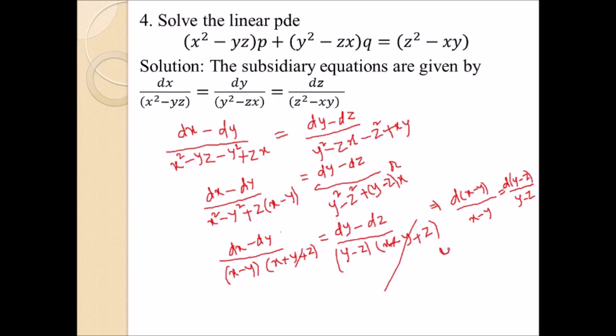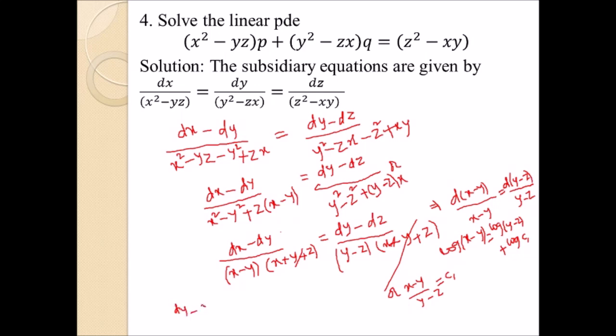So on integrating we get log of x minus y is equal to log of y minus z plus log c1, or I can write x minus y by y minus z is equal to c1.